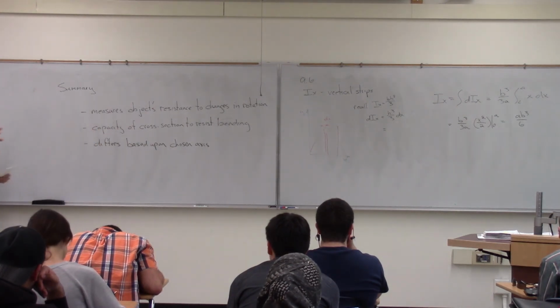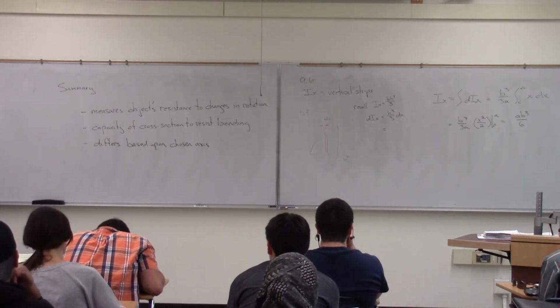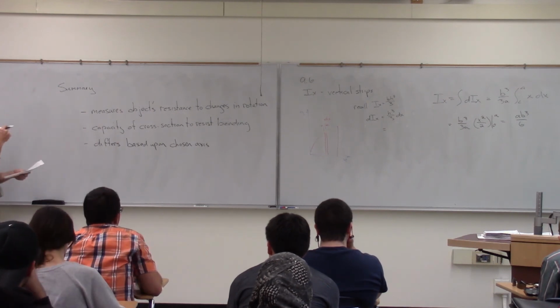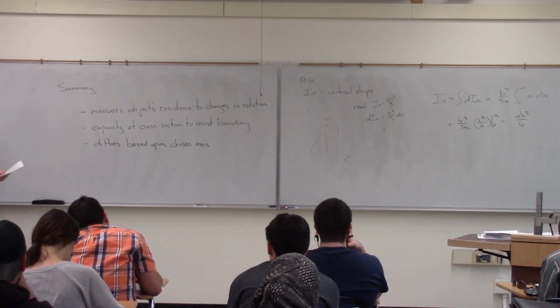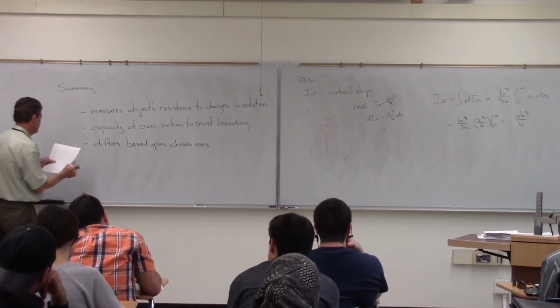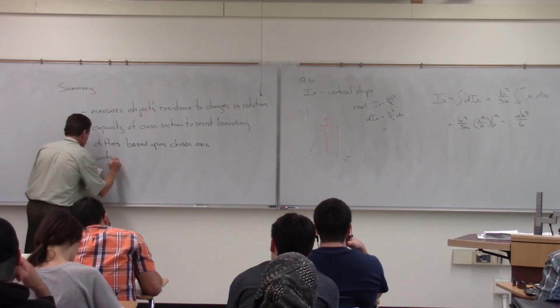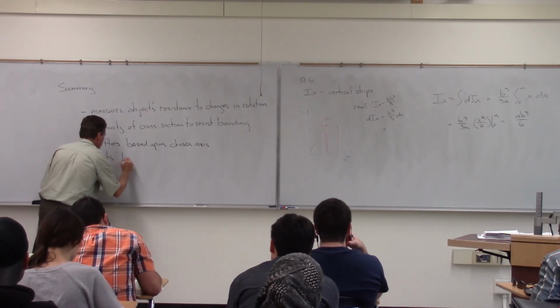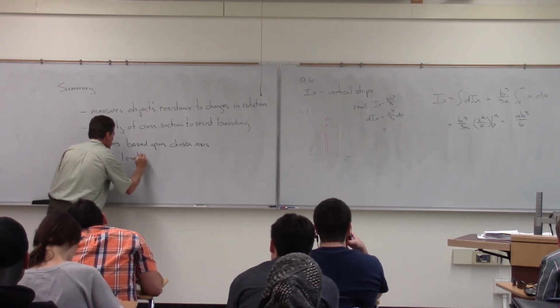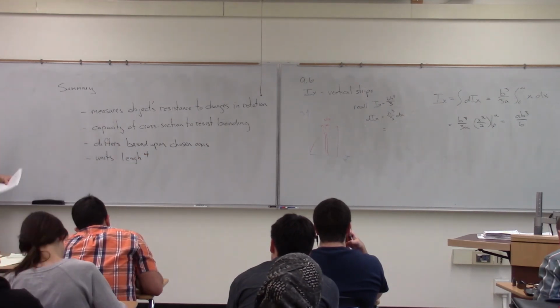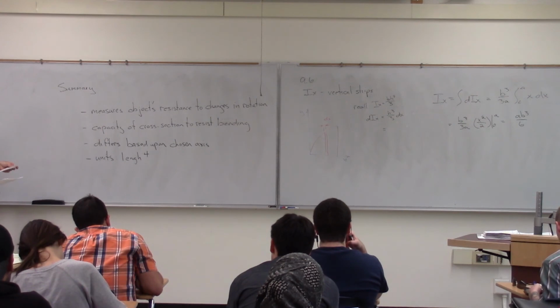And the other thing we learned is that depending on what axis system we're talking about, it will be a different value. We saw that when we looked at the base and when we looked at it at the centroid. Units will be length to the fourth.